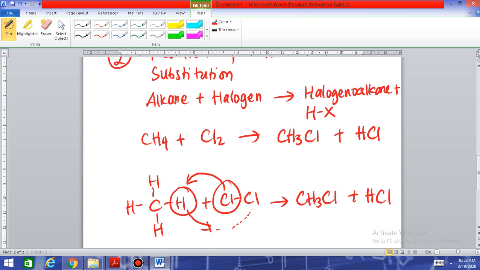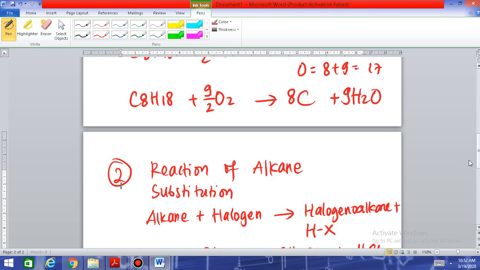That's why the type of reaction is substitution, because a hydrogen atom is replaced by another atom. In this case, we need the condition UV light. Okay, next.